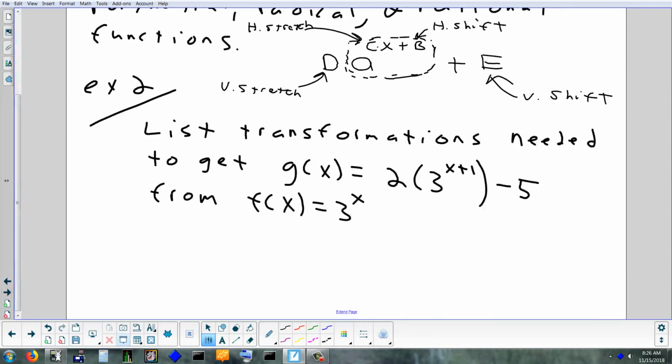Okay, so we're comparing g of x to f of x. You don't have to tell me what yet, but just how many things do you have to do to change f of x to g of x? How many transformations? Oh, I didn't see the negative side. So what do you think now?